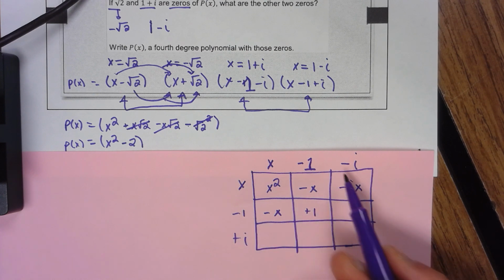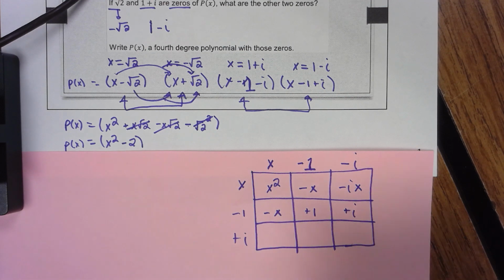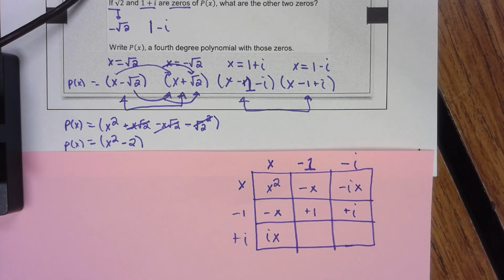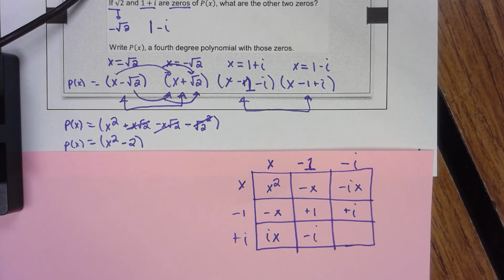Negative 1 times negative i is positive i. i times x is positive ix. i times negative 1 is negative i. And then this last term, I have a positive times a negative, so it's definitely negative.